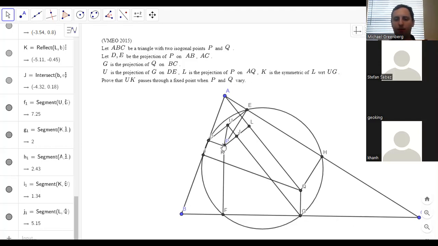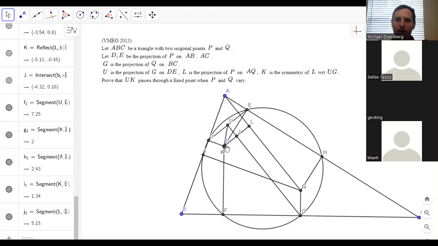So wait, is it well known? That would be K. So we want to show UK. So as long as K is already on the altitude, is it clear that K and P are the same point? Is that obvious? Maybe it seems so.